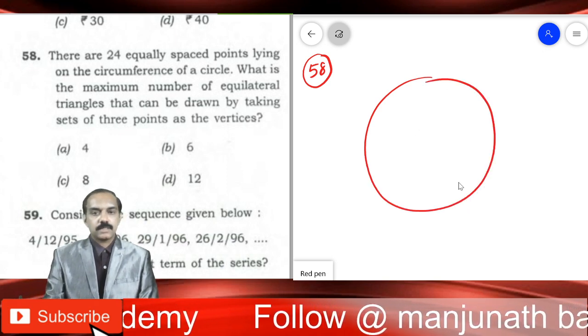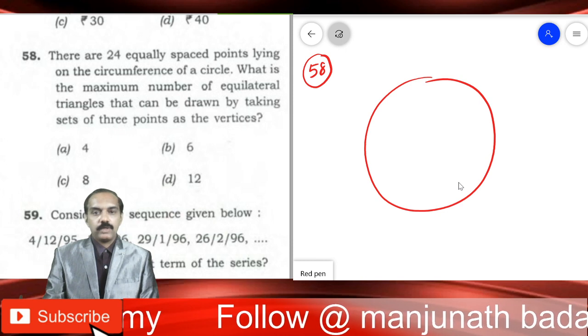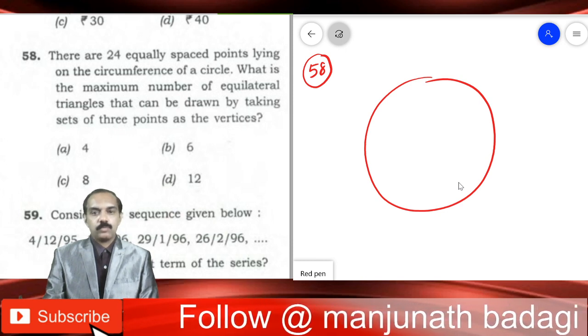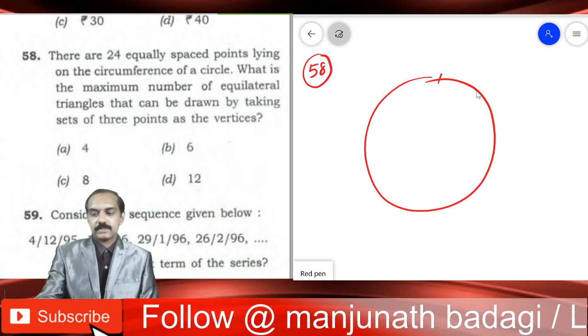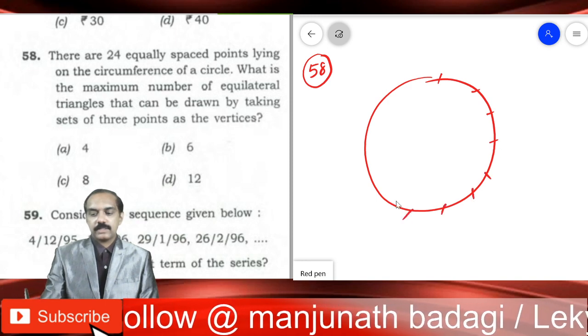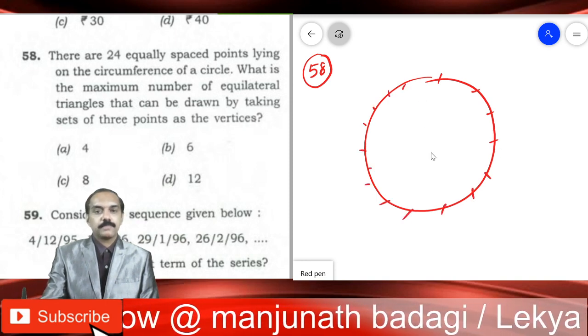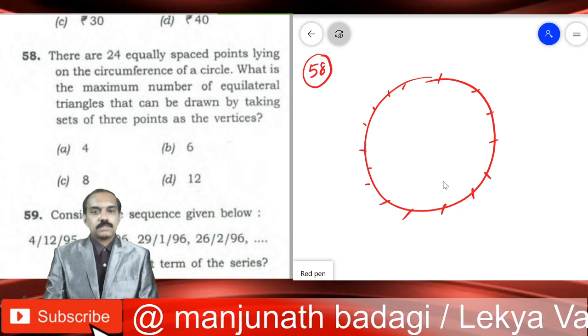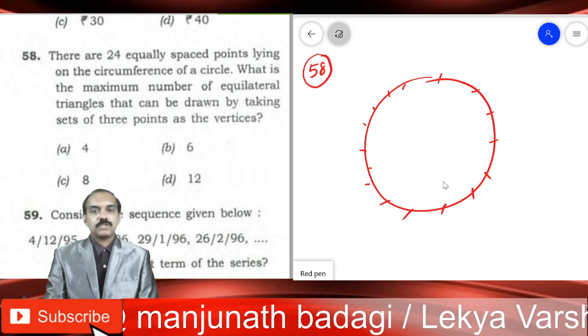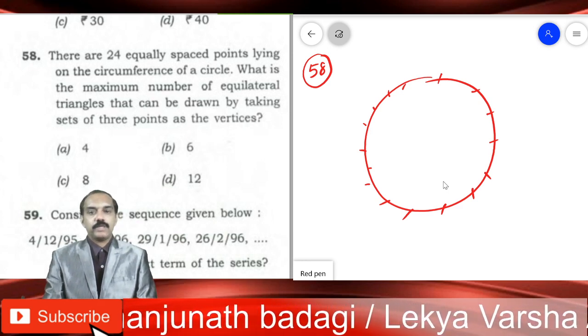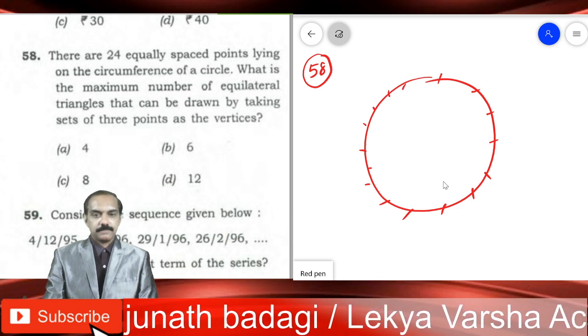This is a circle and 24 equally spaced points lying on this circumference. So 24 points are there, equally spaced. What is the maximum number of equilateral triangles that can be drawn by taking sets of 3 points as the vertices?